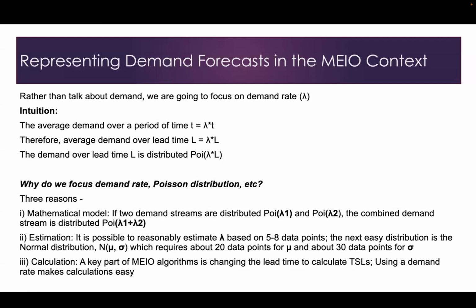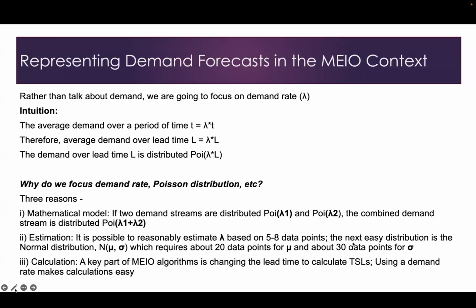For 500 variables, you need about 25,000, 30,000 data points, which in most cases you don't have. If you're just using a Poisson, you can estimate your lambda, which is the only parameter you really need, with 5 to 8.